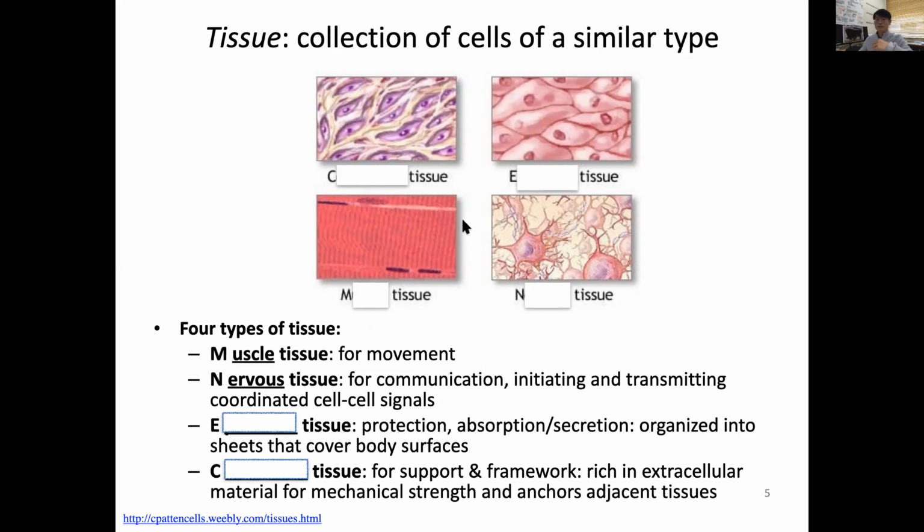And the surface of our body or the surface of organs and cavities requires protection, or absorbing and secreting in and out of the tissue, and that's organized into sheets that cover the body surfaces inside and out. That specialized tissue is called epithelial tissue. I'm going to get back to this again. And support and framework with rich extracellular material or matrix for mechanical strength and anchoring against adjacent tissues are called connective tissues.